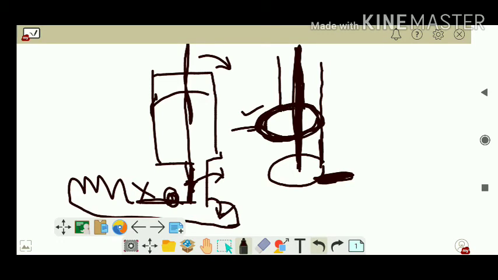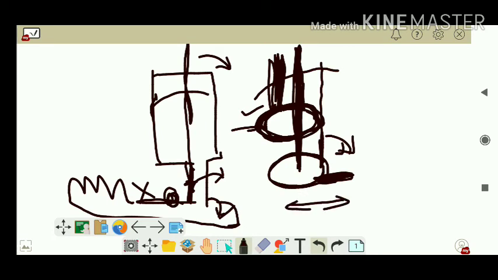That's why we are using a slip ring, which always allows this part of the coil, if it is rotating in this direction, say, the slip ring also rotates easily, right? Similarly, if this rod portion is moving down, then this ring also moves along with it. It is not moving in a to and fro direction, it is rotating along with the coil.